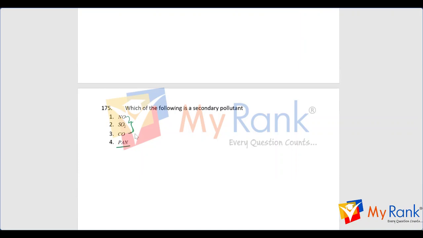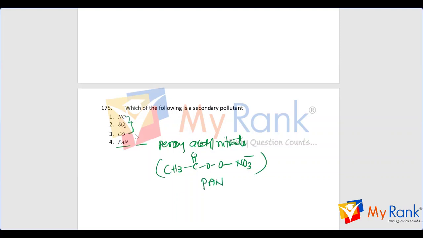These will affect directly, but PAN, peroxyacetyl nitrate, is produced in photochemical smog, and this is a secondary pollutant. Its effect is more.